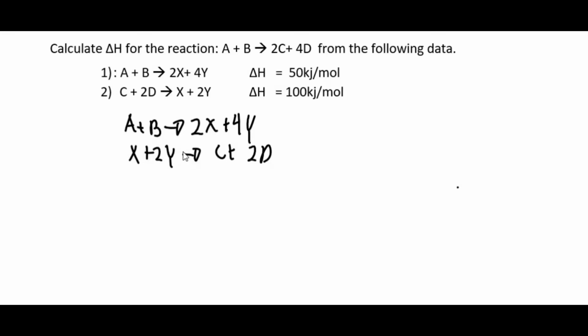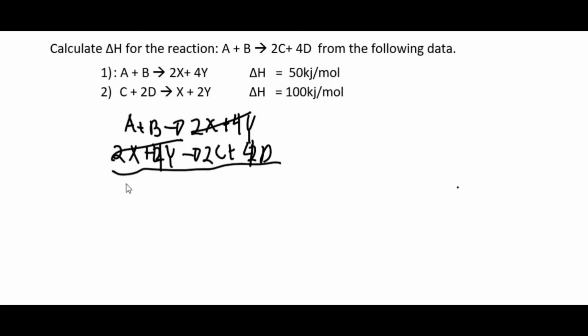So can you already remove this? No, you have to make it equal. So in order to make it equal, you have to multiply it by 2. So this will become 2, this will become 4, this will become 2, and this will become 4. So it's going to be cancelled. There we go.